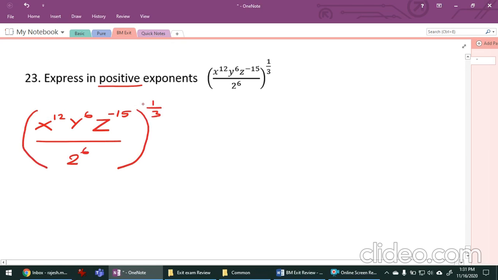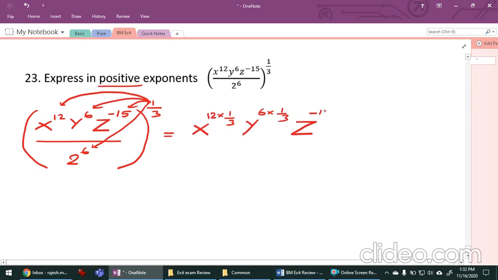Now you have to multiply this power 1 by 3 here, here, here and down. So how to do? x power 12 into 1 by 3, y power 6 into 1 by 3, z power minus 15 into 1 by 3, by 2 power 6 into 1 by 3, equal to x power.